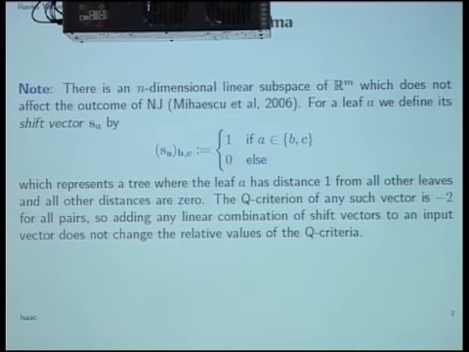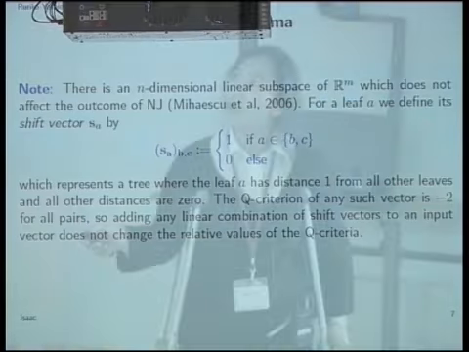So this is called the shifting lemma. This is due to Mihaly and Dunleavy and Leo-Pachter. There is an n-dimensional linear subspace of R^m which does not affect the outcome of the neighbor joining method. This can be written as specifically this vector.